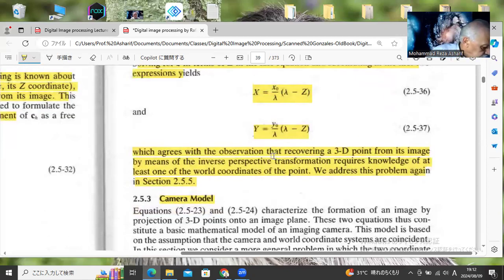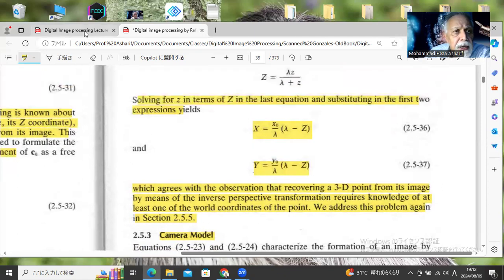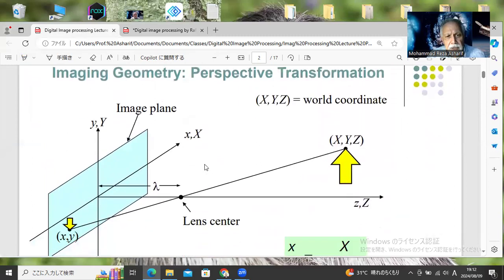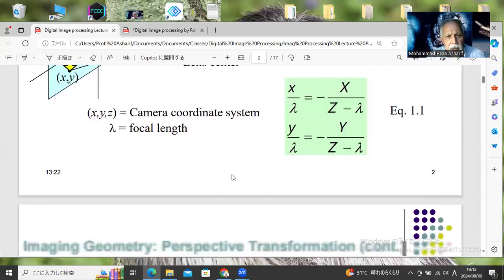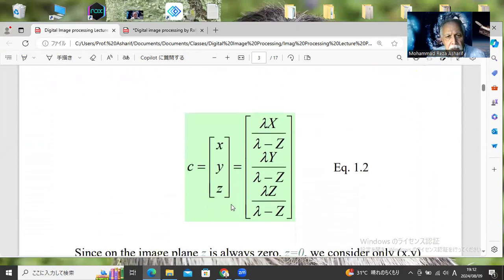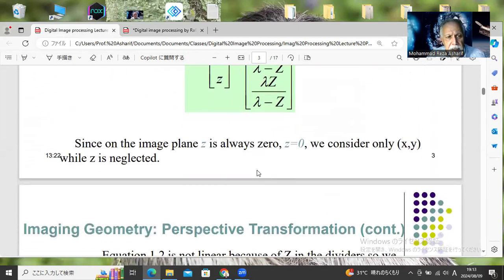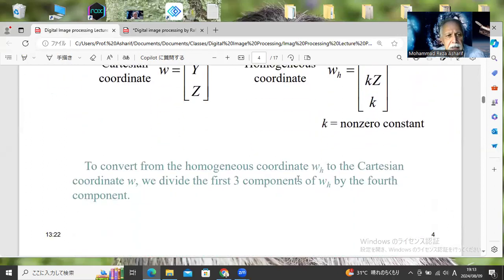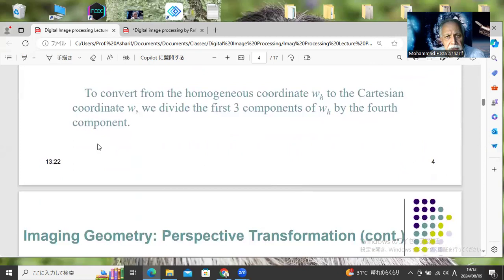I think I can finish here. Let me see again. I will go through the slide again: this is the perspective relation, and the Cartesian coordinate and homogeneous coordinate are important. The conversion is just by dividing the first three components by the fourth component.